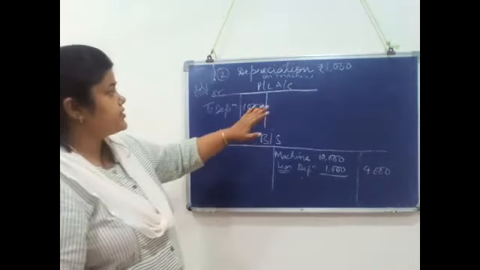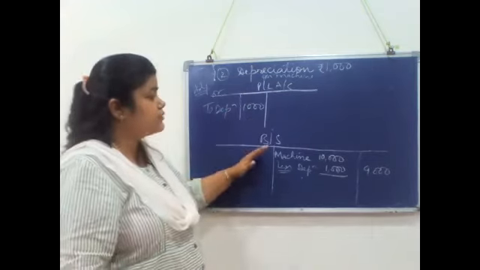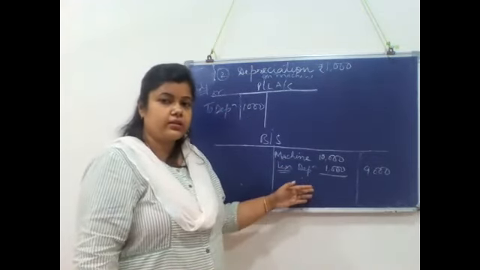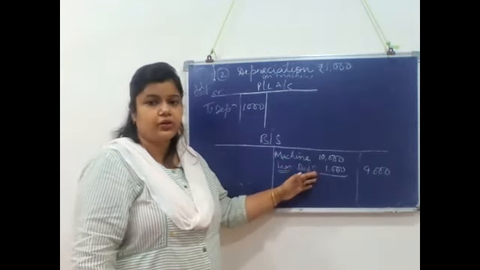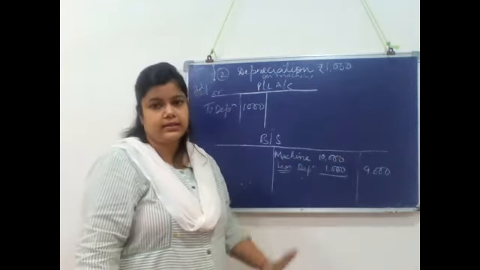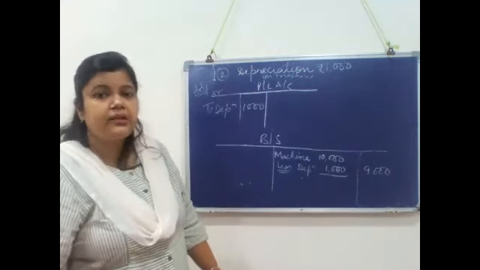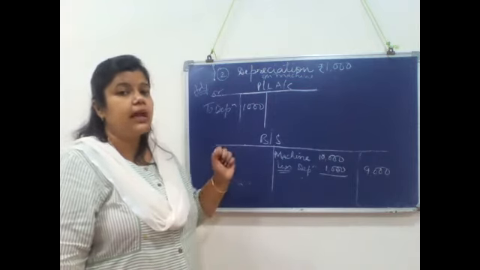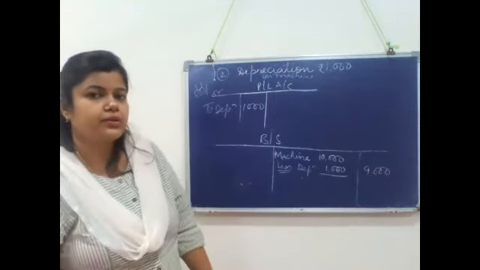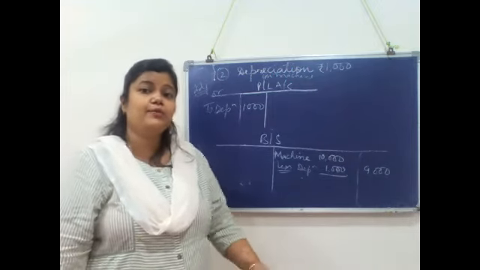So where did depreciation come? The amount of depreciation came on the debit side of profit and loss account, and in balance sheet it got deducted from the concerned asset. The amount of depreciation got deducted and the net amount of the asset is transferred. So this is the treatment if depreciation appears as an adjustment or additional information. But what happens if it appears as an item of trial balance?